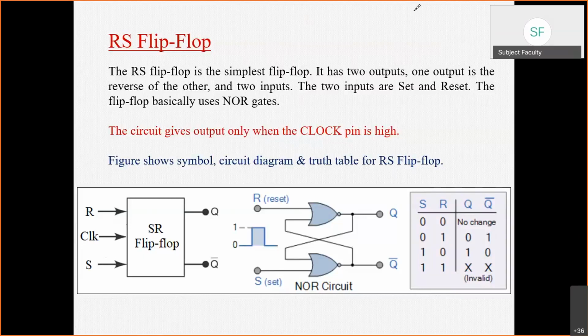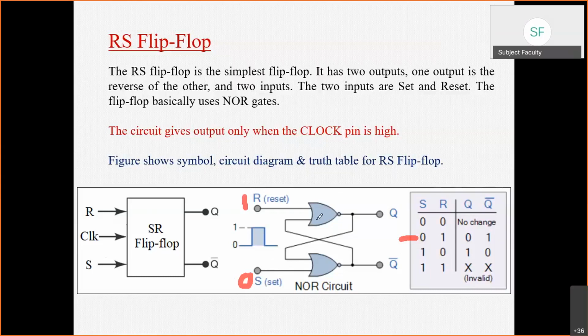And the first condition, we will discuss it later. Move straight to the second condition. That means the value of S is 0 and the value of R is 1. So I am writing the value of R is 1 and set is 0. For this input combination, what will be the output?